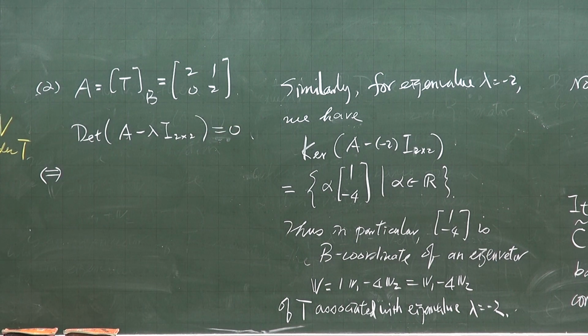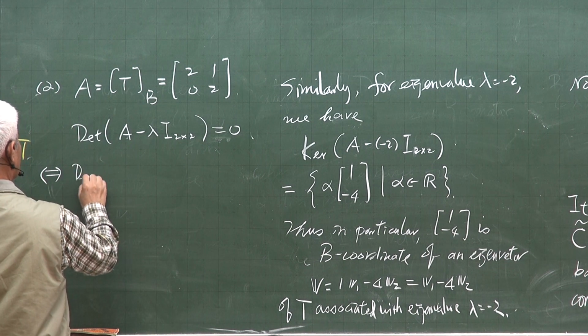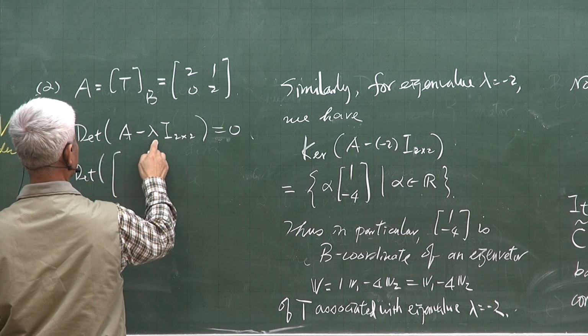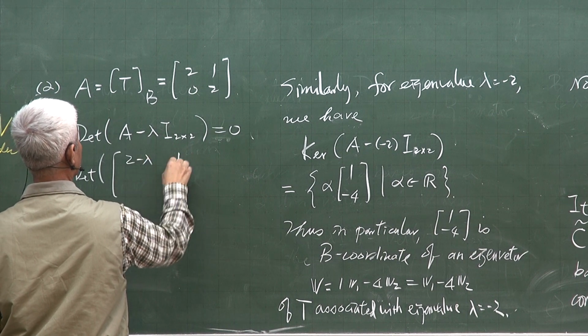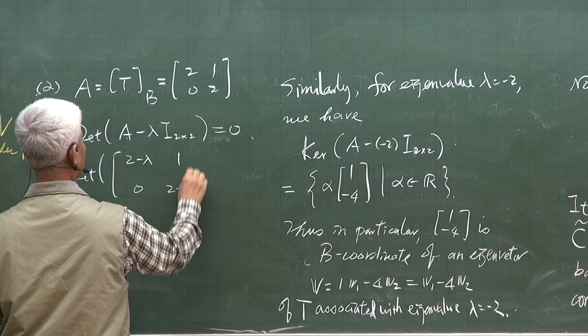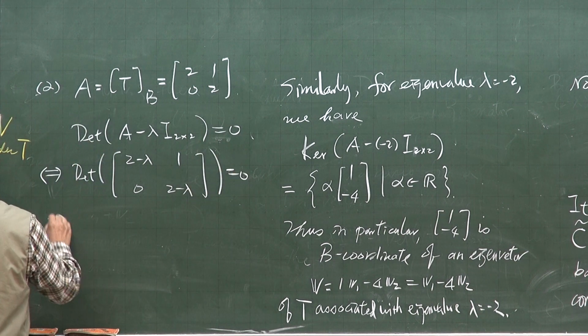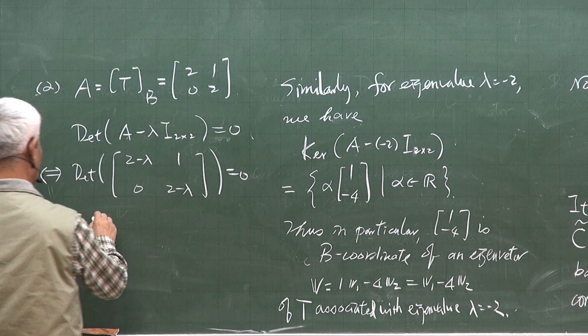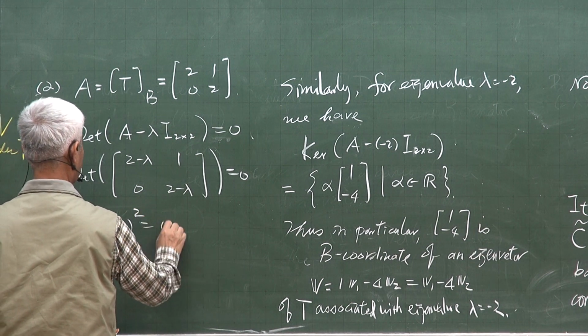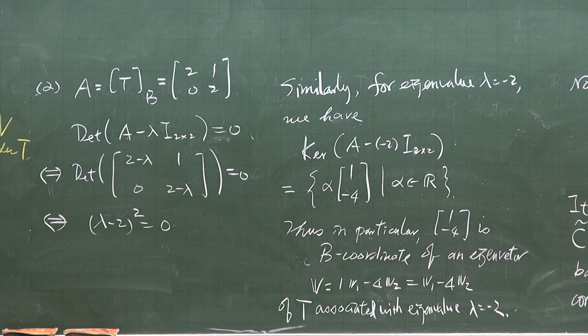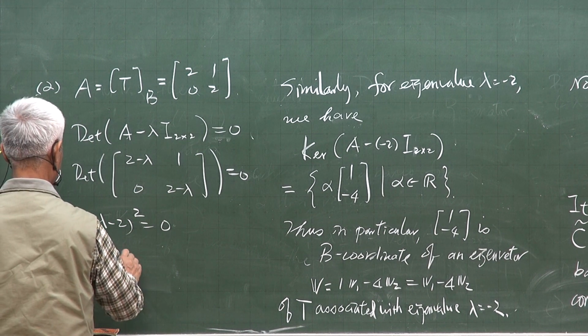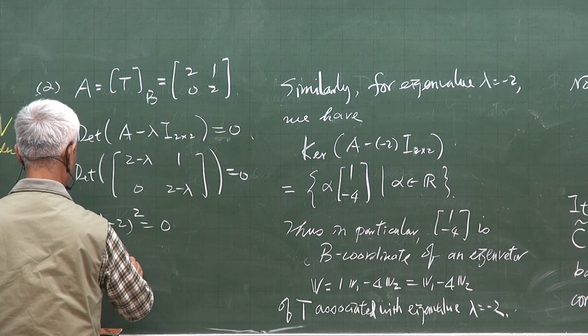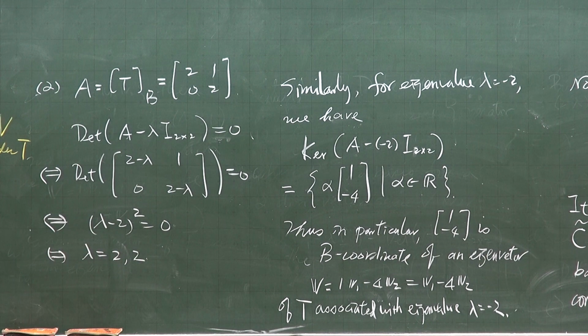So we want to determine the determinant of 2 minus lambda, 1, 0, 2 minus lambda. Okay, so we find that lambda minus 2 squared is 0, and it's easy, so lambda is 2. So we have one eigenvalue with multiplicity 2, right?